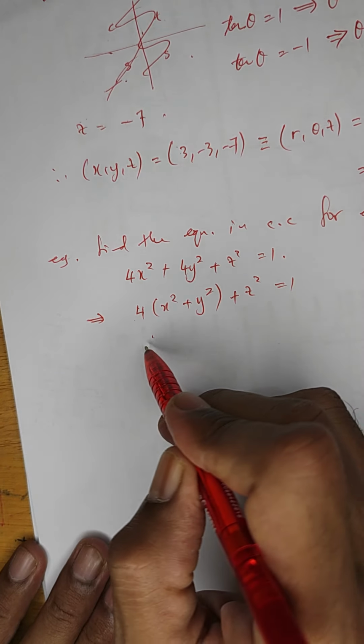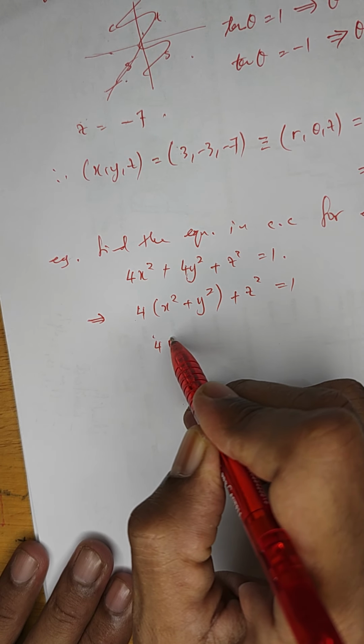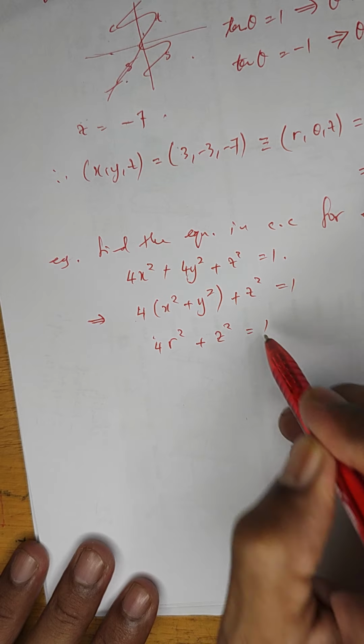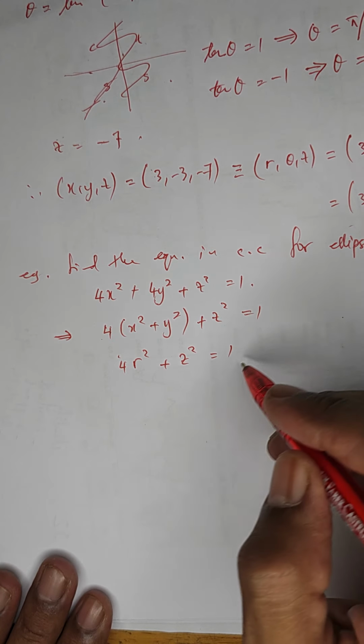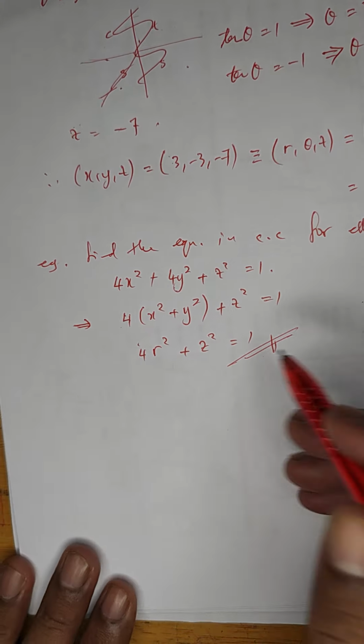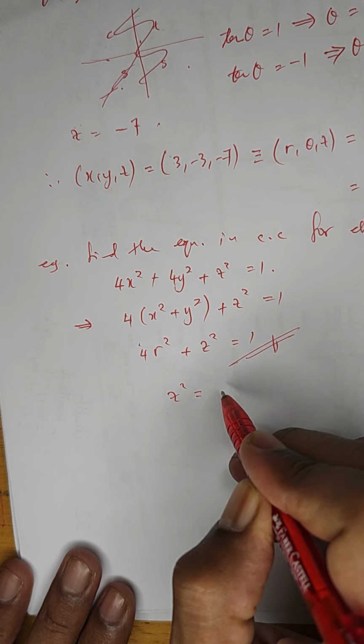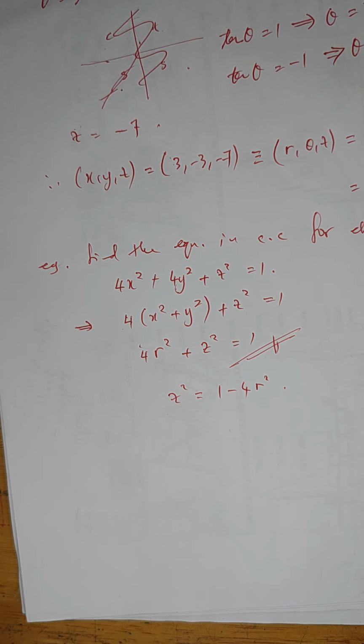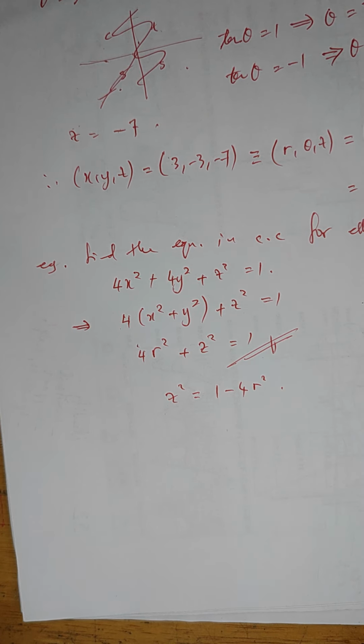So we have 4r squared plus z squared equal to 1. You can write it in this form, or in another form, z squared equal to 1 minus 4r squared. You can write it in either form.